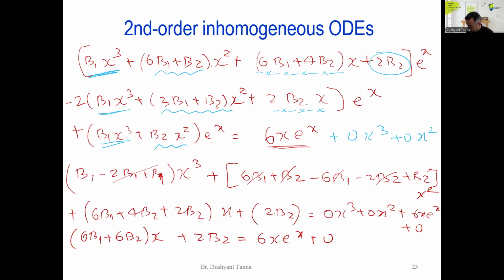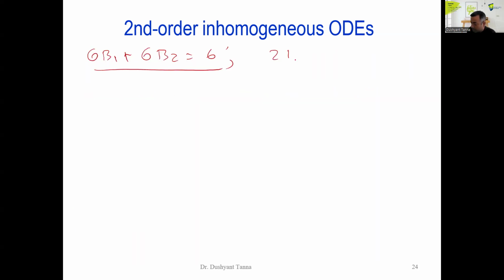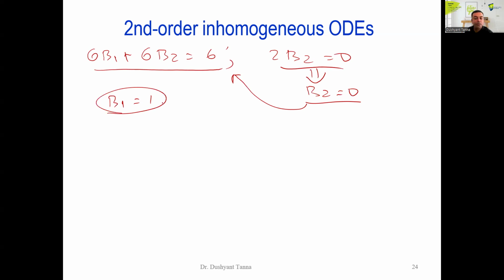And the other comparison is 2b2 is 0. If your 2b2 is 0, that will give you b2 is equal to 0. Once you put it back here, your b1 is 1. So you got b1 and b2, and that's what we're looking for.